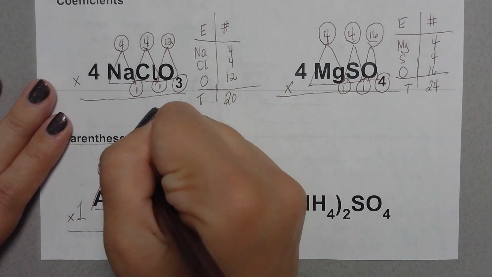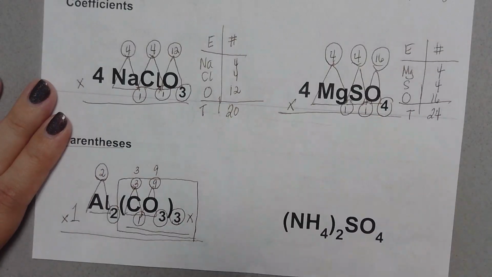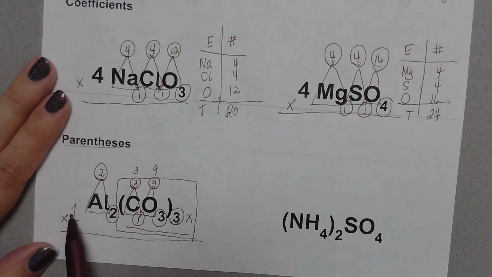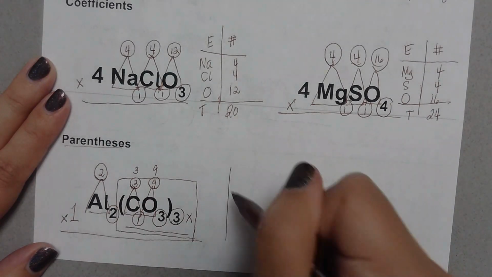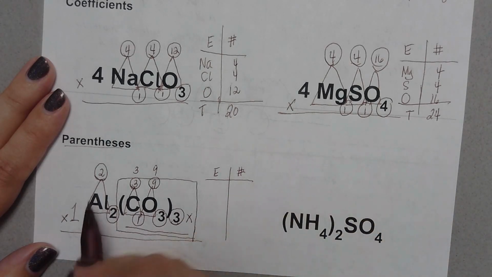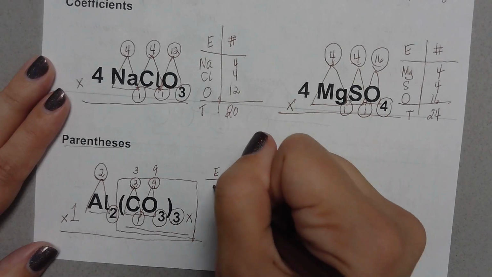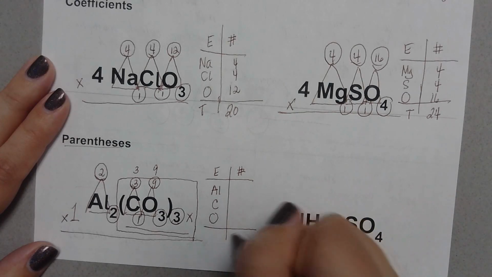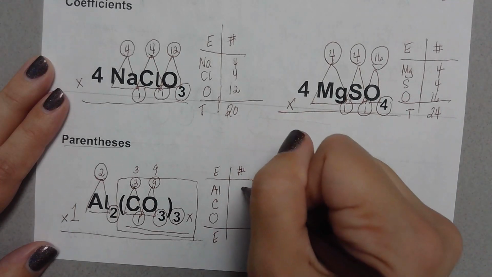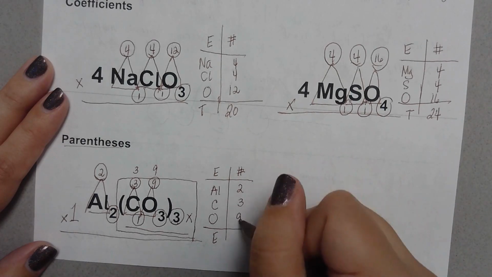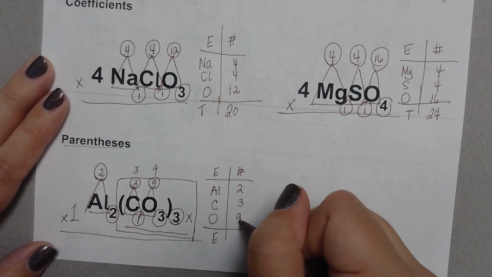This is still 3, and this is still 9, because 1 times 3 is 3, and 1 times 9 is 9. And that's going to give us 14.